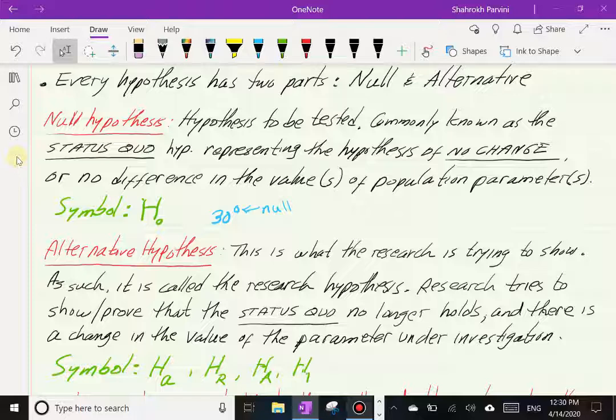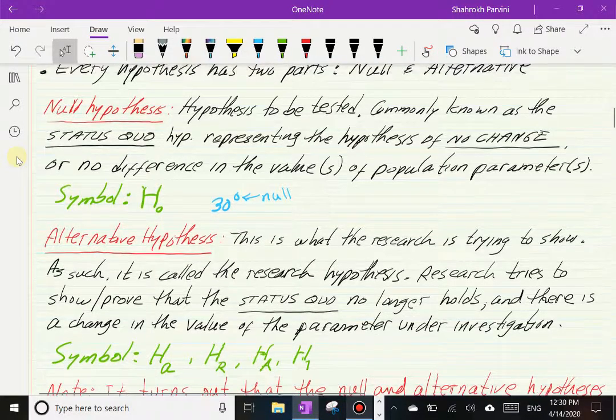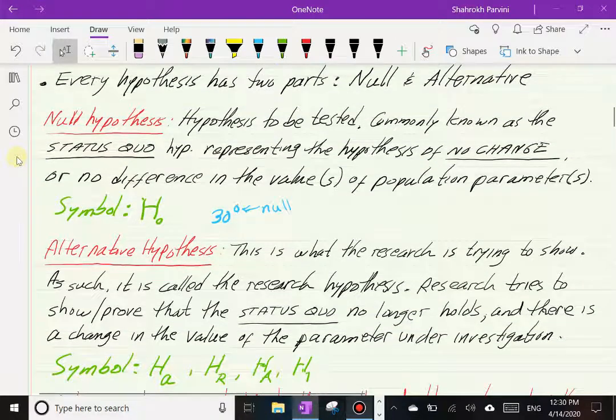So the purpose of the alternative or research hypothesis is to show that there has been a change and that the status quo no longer holds. Now, what do we mean by change? Because we're talking about parameter values, the change could be higher, lower, or simply not what it used to be.